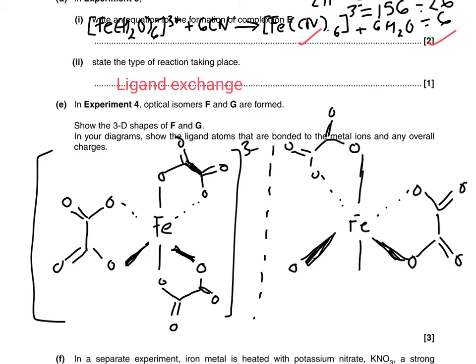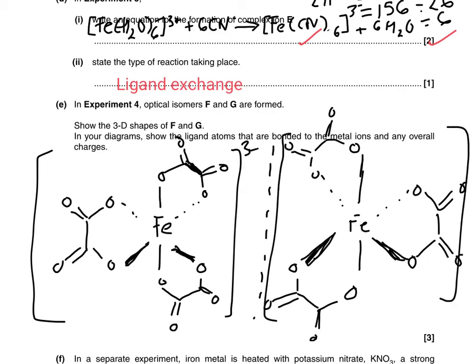This isn't the easiest medium to draw in. Okay, so the charge needs to be on the outside brackets in both isomers and no charges on the inside, so I also need to include the charge here.